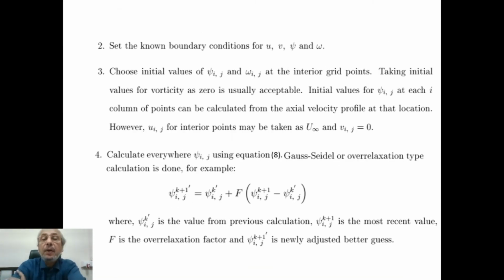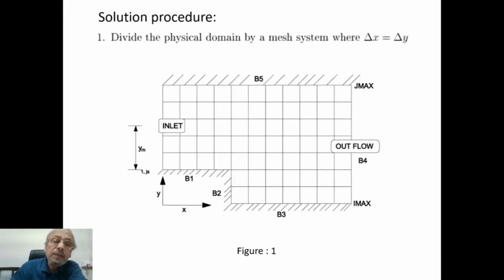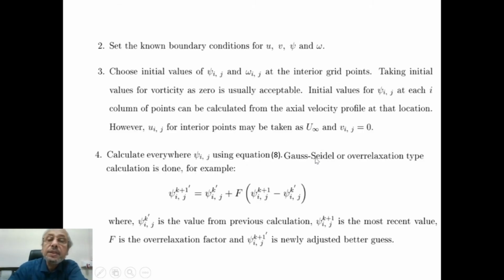So how to set up the algorithm: we know the boundary conditions. We have not discussed so far, but we'll discuss shortly about the boundary conditions. Boundary conditions have to be known on all confining surfaces. So we'll have to apply boundary conditions on u, v, psi and omega.